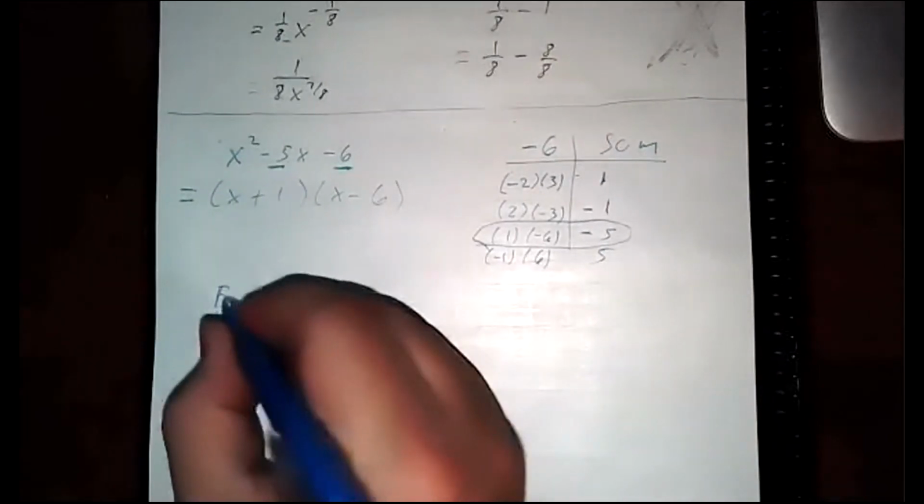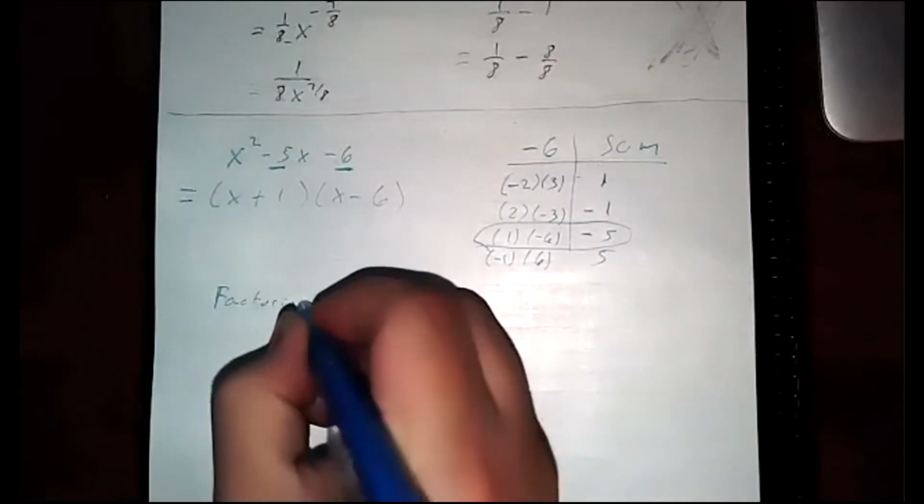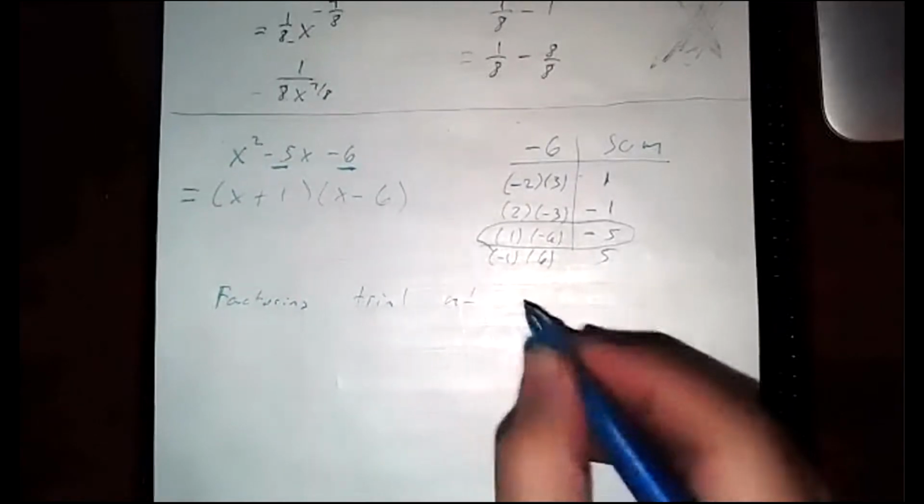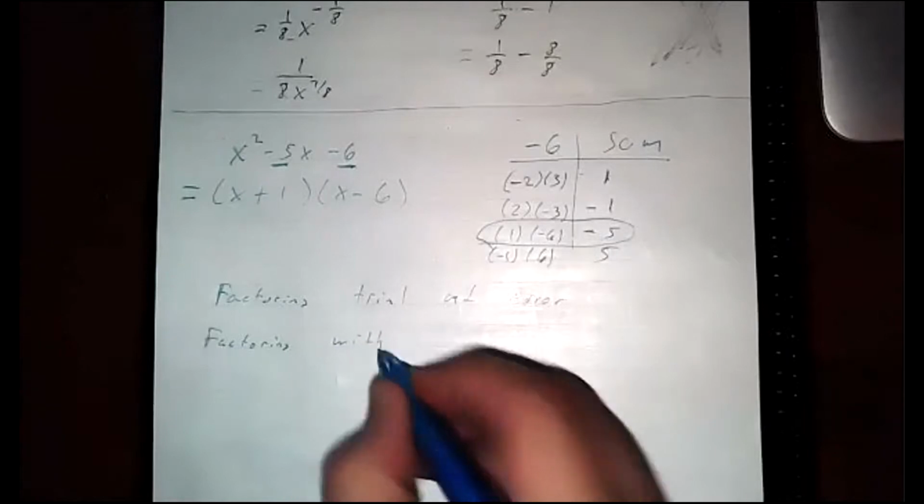Okay. So make sure you go over the factoring. Please review factoring with trial and error and factoring with the AC method.